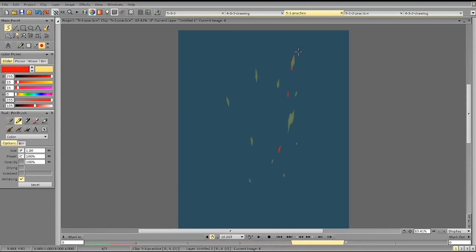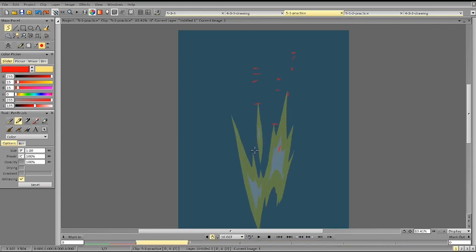So here it kind of slows down and accelerates a bit. Slows down and disappears. Again, slows down, disappears. So overall it's quite good.